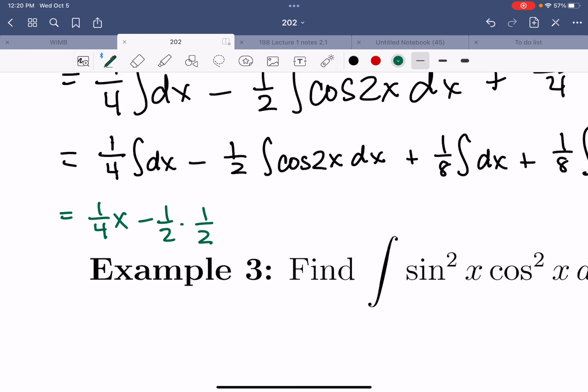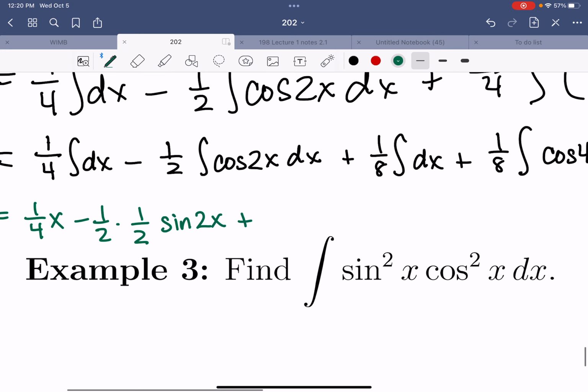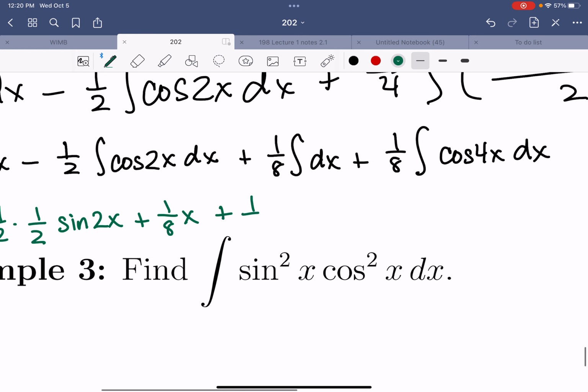And the antiderivative of cosine is sine. Plus, the integral of 1/8 just becomes 1/8 x. Plus 1/8. And when I take the antiderivative of cosine of 4x, it pops out a 1/4. Right, that's our baby chain rule. And the antiderivative of cosine is sine.